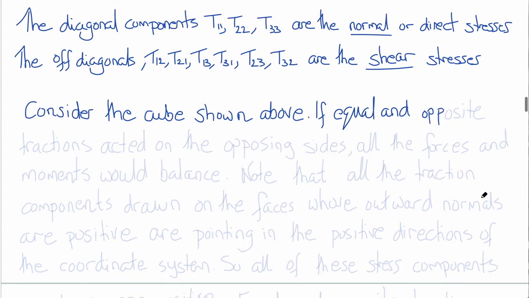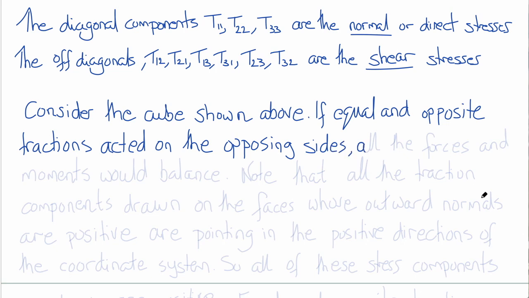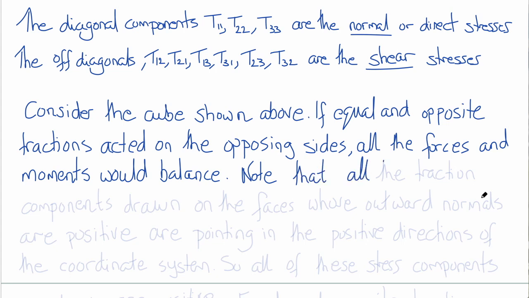Now, all of those tractions would be pointing in the opposite direction if they were equal and opposite. And so all those positive tractions would be negative on the back sides of this cube. But all the faces that they're acting on would also be negative. So therefore, as drawn, all the stress components would again be positive if we had the same view on the back side of this cube.